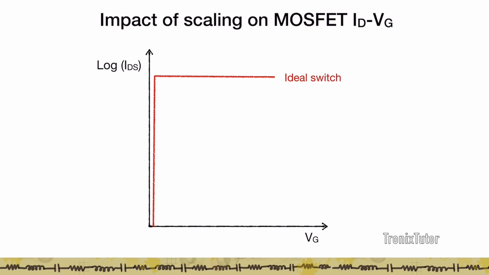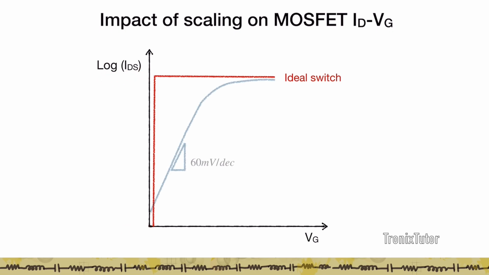So you want an ideal switch to look something like this. You want it to switch at say positive VGS, and you want it to go from zero current to very high current. Because it's a log scale, I've not been able to show the zero here.